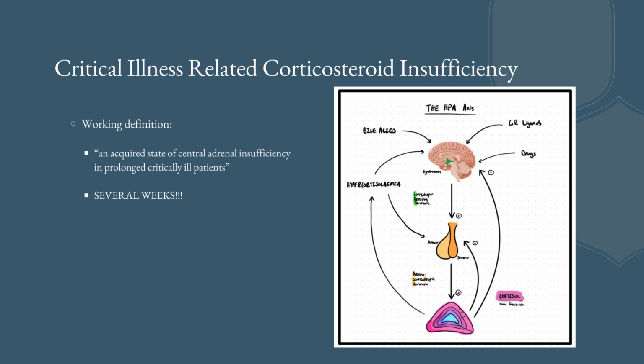But several weeks is probably the amount of time required. They don't put a time on it in the studies, but they're saying that several weeks is probably what's needed for a set of inflammatory processes, drugs, other significant ligands in the inflammatory cascade, bile acids specifically having been identified, and then hypercortisolemia in general, to suppress this axis, thus creating the concept of CIRCI, or the kind of milieu in which this thing is defined.